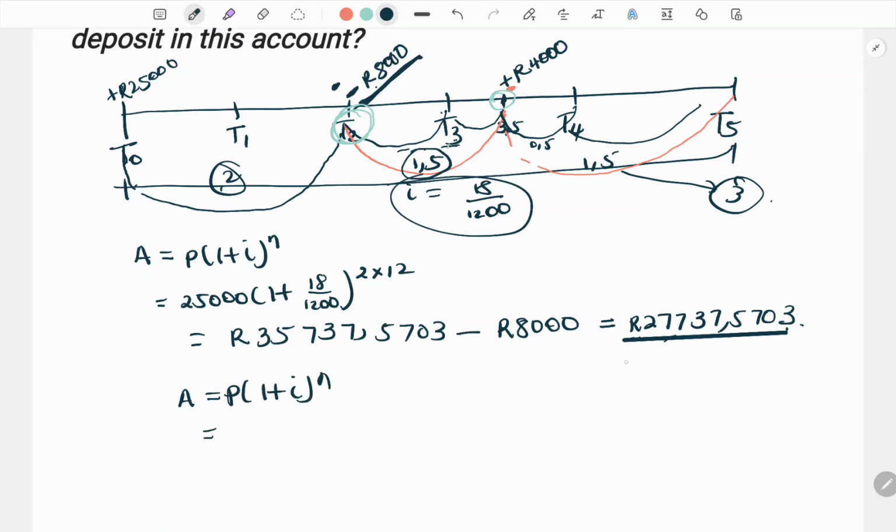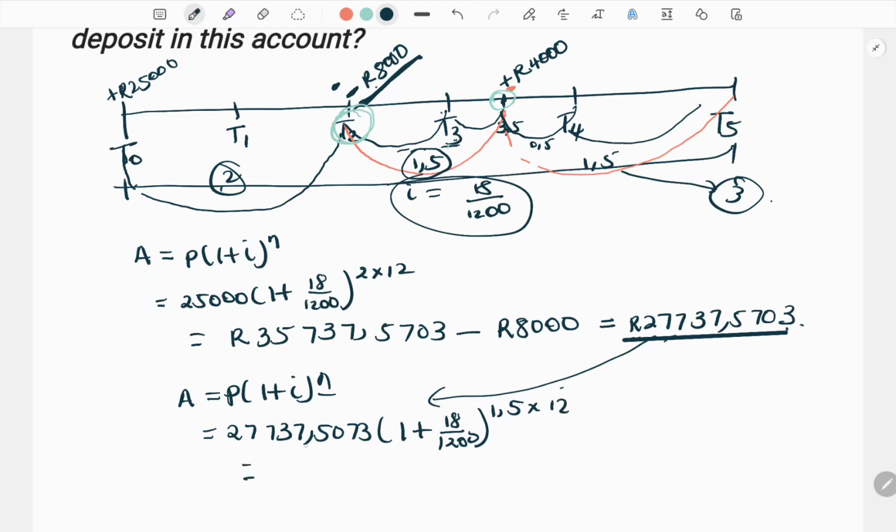Your new P will be that amount, which is 27,737.5703. 1 plus the interest remains 18 over 1,002. Now the n is 1.5 times 12.